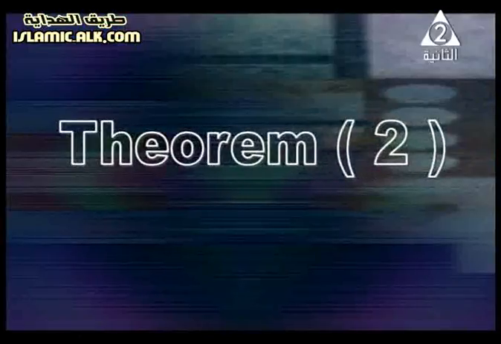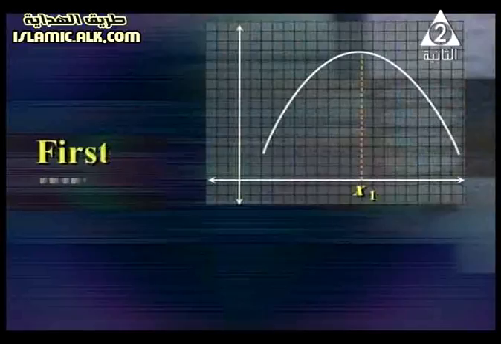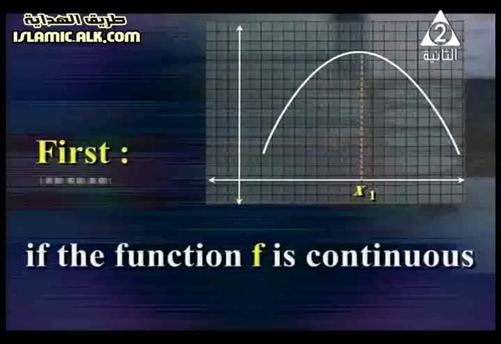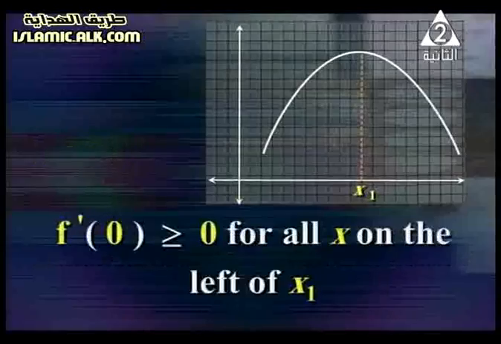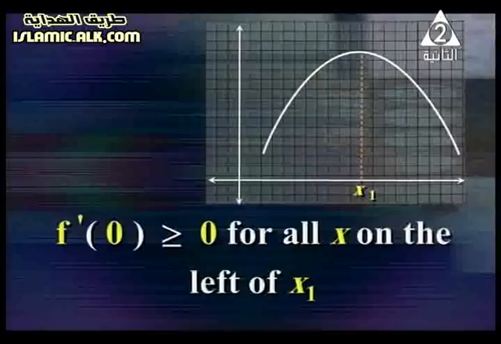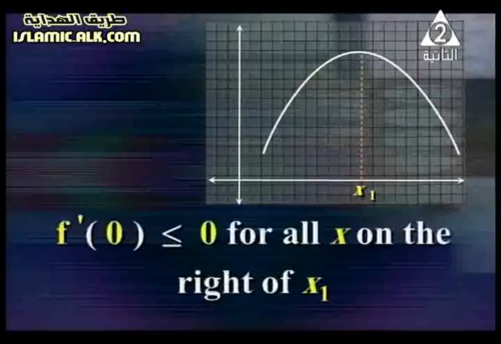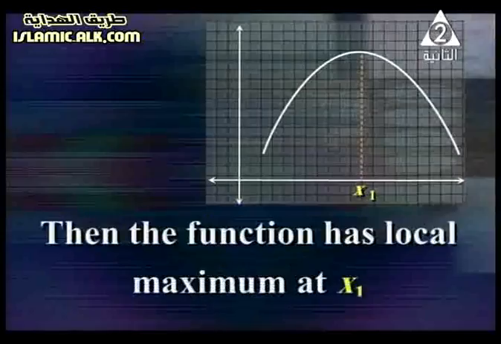Theorem 2. Now we move to theorem 2. Look, dear student, if the function is continuous and f dash of x is more than or equal to 0 for all x on the left of x1, and f dash of x is smaller than 0 for all x on the right of x1, what do we conclude?